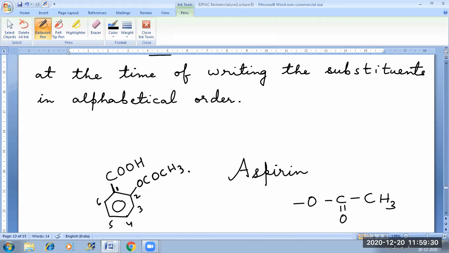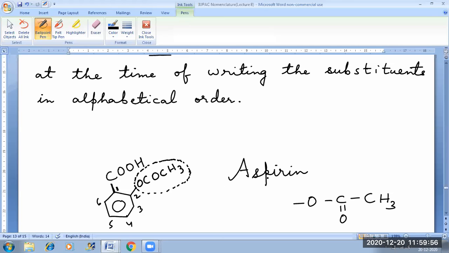At the second position, I have this as a substituent, because COOH is the principal functional group. So whatever apart from COOH is present will be treated as a substituent. So OCOCH3 is a substituent.